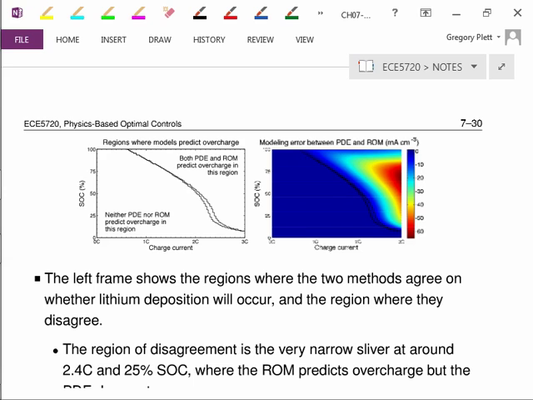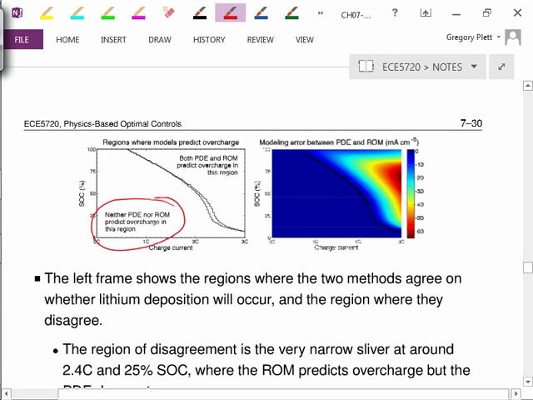Going to the plot on the left that's not colored, there's 3 regions that are drawn with lines in between. In this region, neither the PDE model nor the reduced order model predict overcharge. In this region, both of them predict overcharge.